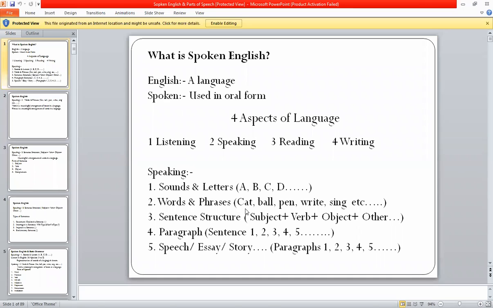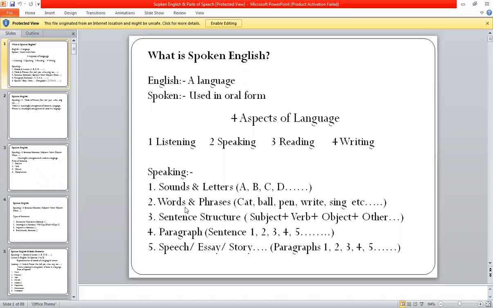If this is the word, then its letters are C, A, and T. So words are the meaningful arrangement of letters. When vowels and consonants are added with meaning, then the word is formed. Any word is formed with the meaningful arrangement of letters.